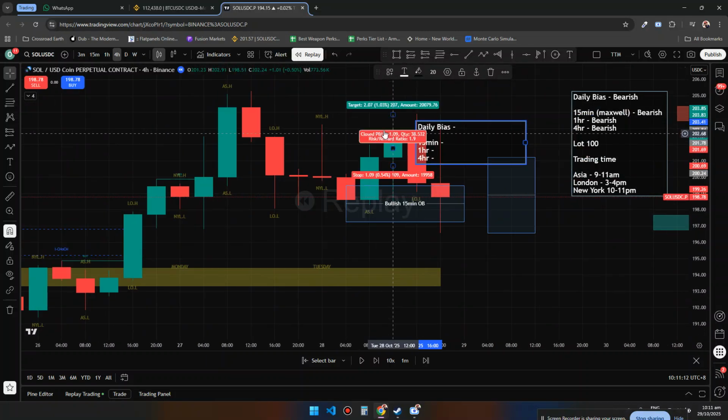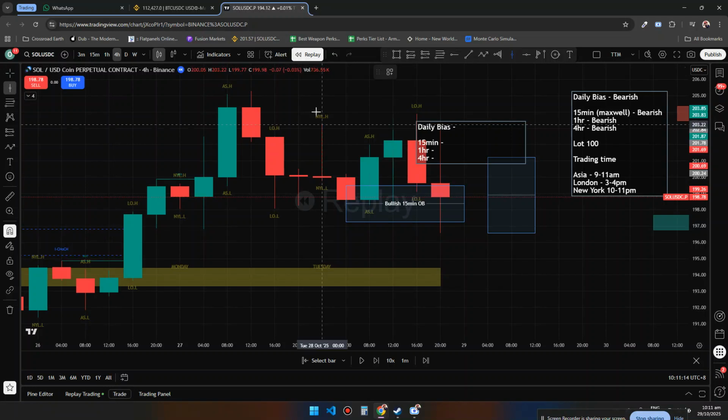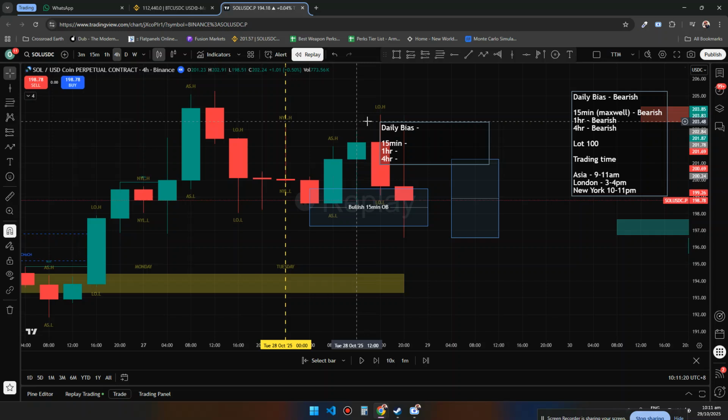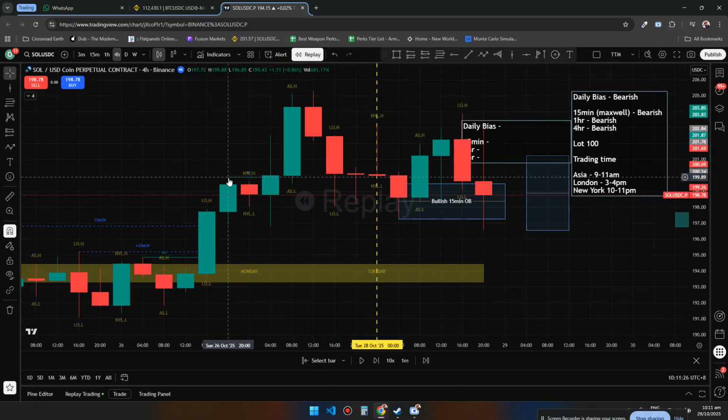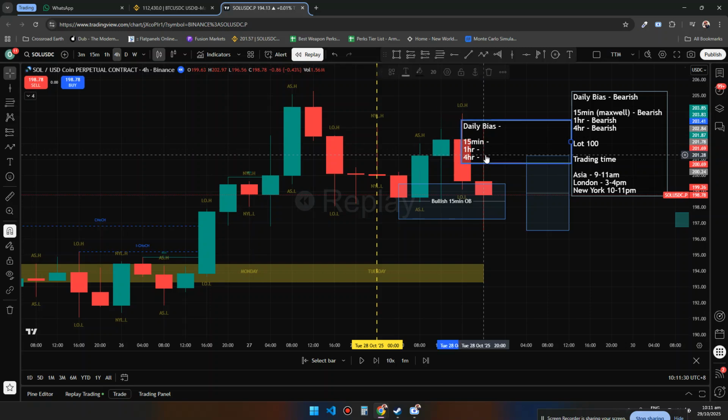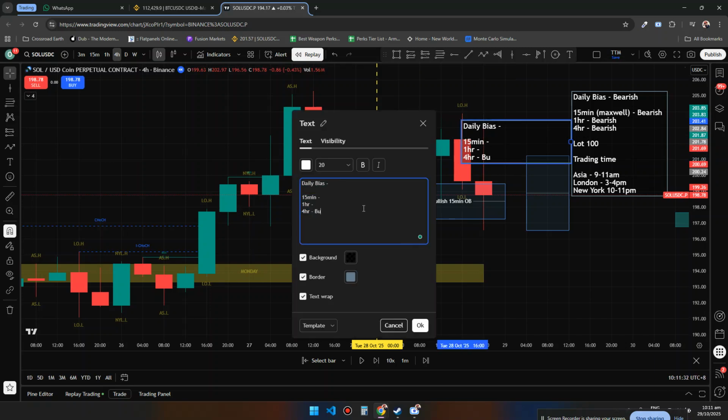So from Tuesday, 28th October, midnight. And then we just look in between the day, throughout the day. On the left side, there is this bullish break of structure. So I'll just put it bullish.